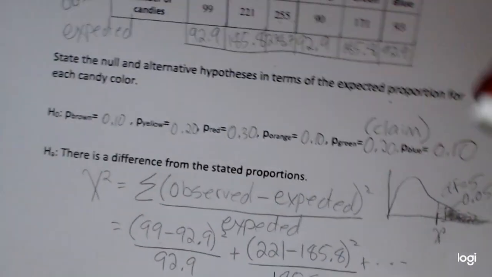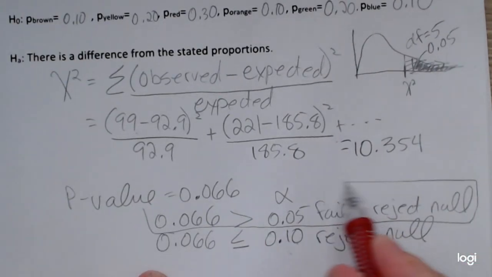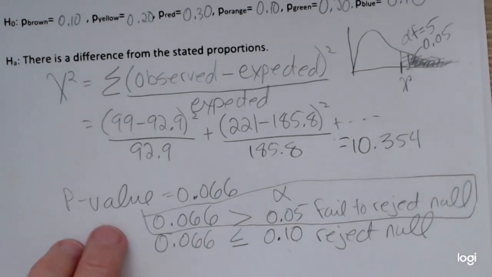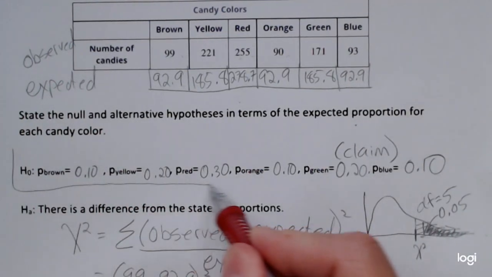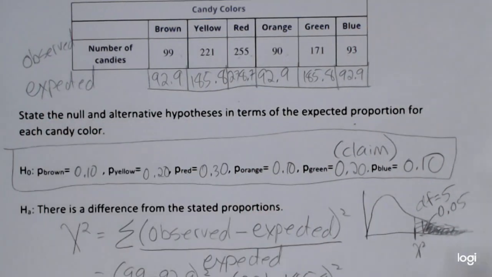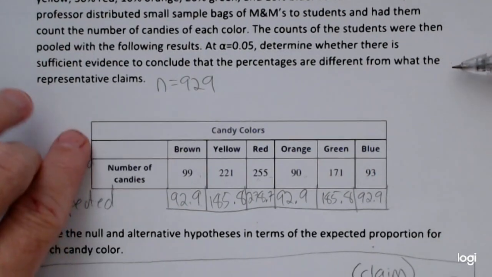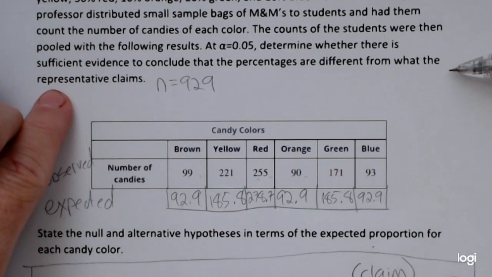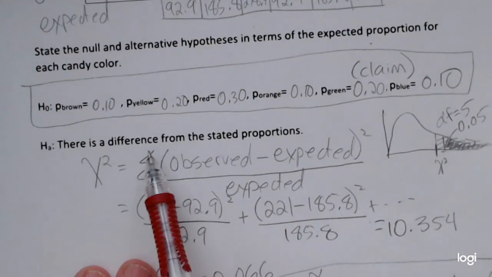I'm going to base my decision off the nominal level of significance. So I'm failing to reject the null. I am ruling in favor of the null based on the evidence. And looking at the question, determine whether there is sufficient evidence to conclude that the percentages are different. Well, that is the alternative.